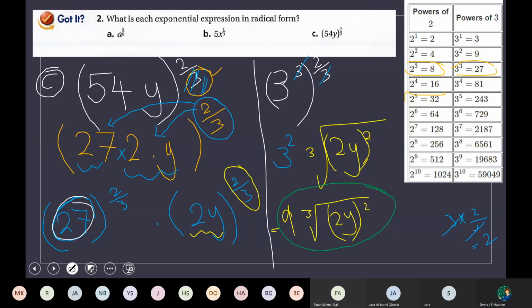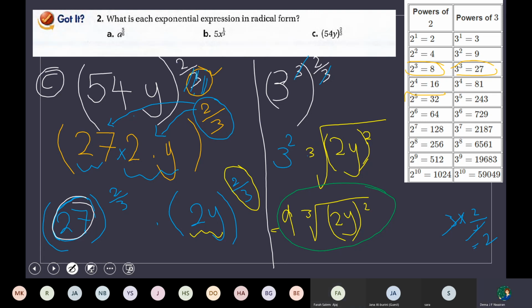Do you find it clearer than the previous one? Yes, teacher. But teacher, I have a question for 3 cubed to the power of 2 over 3. Why do I keep it as 3 to the power of 3, multiplied by the power of 2 over 3? I simplify the 27 to the power of 2 over 3: 27 is 3 raised to 3.